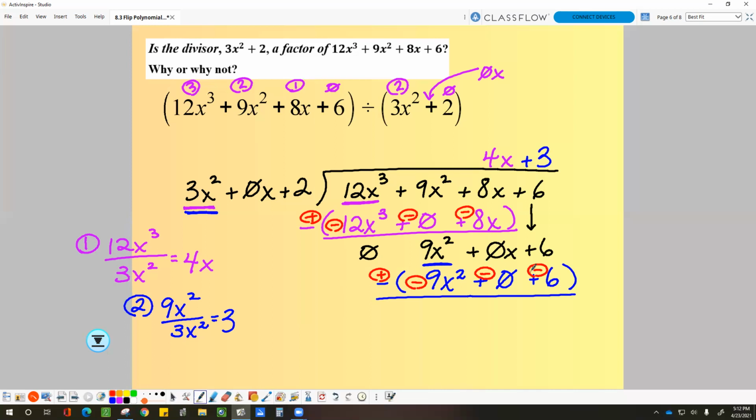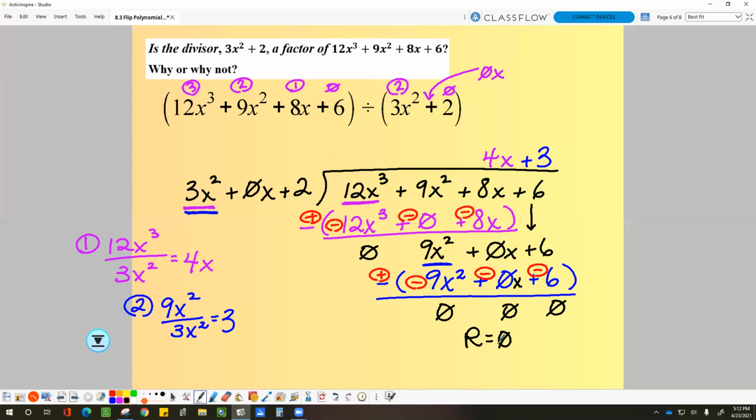I combine like terms. 9x squared minus 9x squared is 0. 0x minus 0x is 0. And 6 minus 6 is 0. So my remainder is 0.